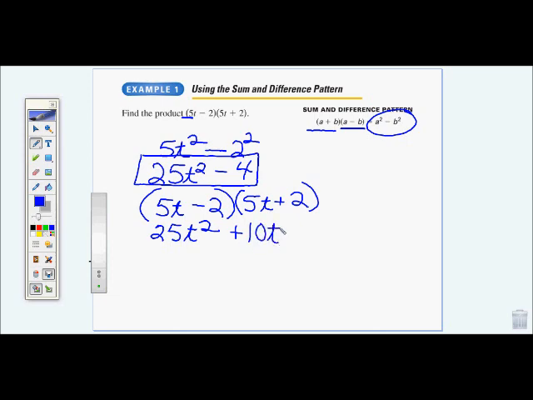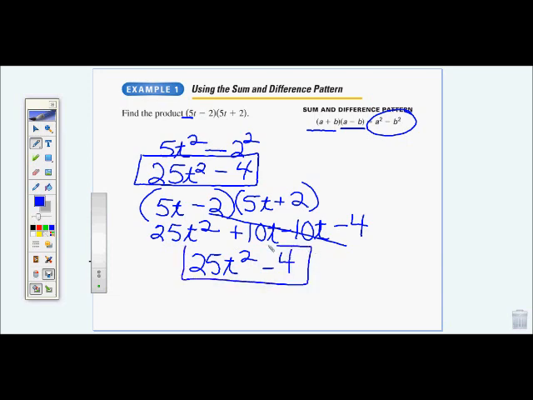And then my inside would be negative 2 times 5t, which would be a negative 10t. And then negative 2 times a positive 2 would be a negative 4. Simplifying there, I'm going to get the same answer as I did applying the pattern and using that shortcut.